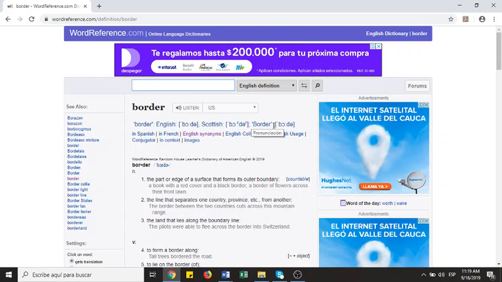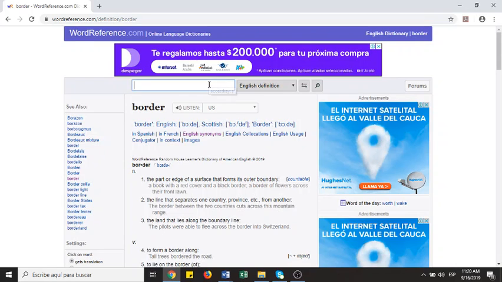I do take a look at the phonetic alphabet here, but I also listen to the word. I click here to listen. Border, border. Kind of difficult to understand, right?